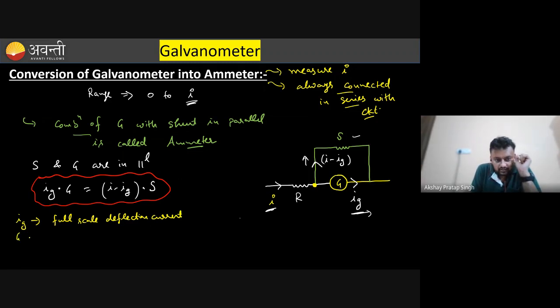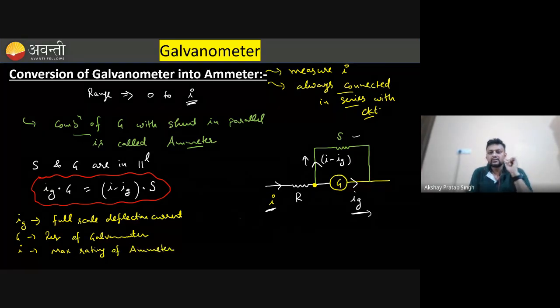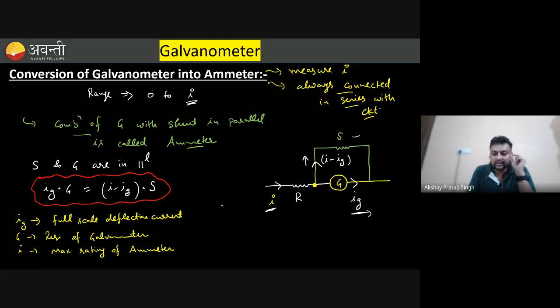G is the resistance of the galvanometer. And I is the maximum rating of the ammeter, which means the maximum value that your ammeter can measure. And S is the shunt. I hope every term is clear here.